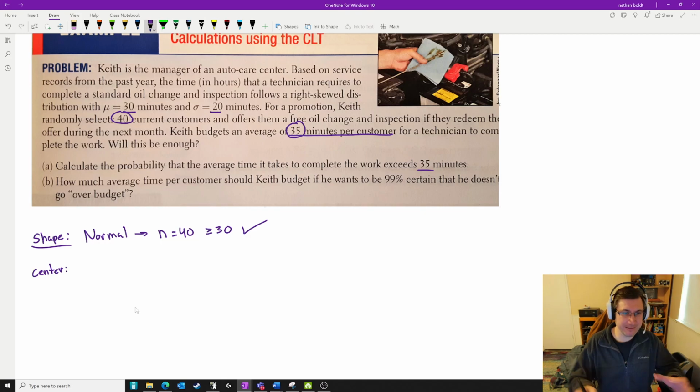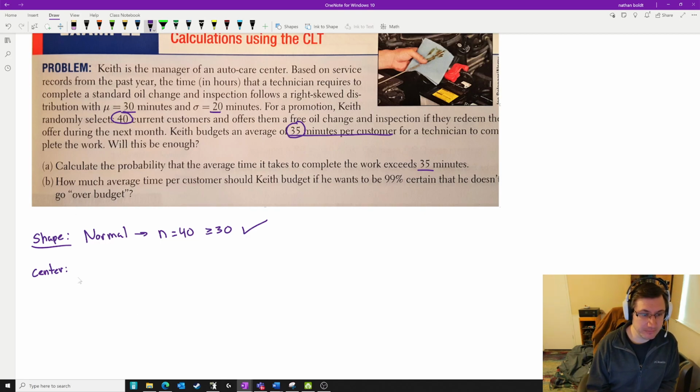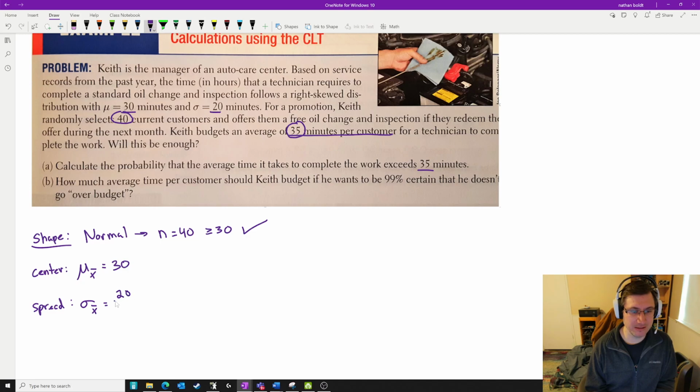If I take samples of 40 customers, the average time is going to be centered around 30 minutes, the true average. The standard deviation of all the x bars is going to be equal to 20 over the square root of 40.